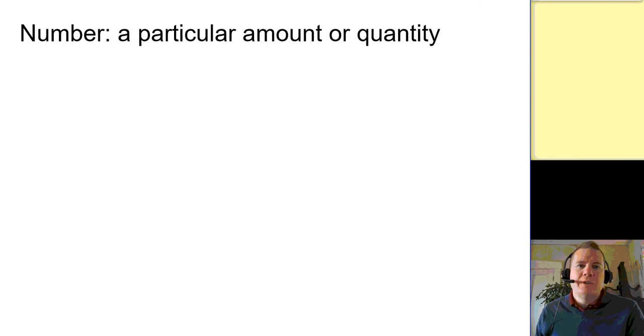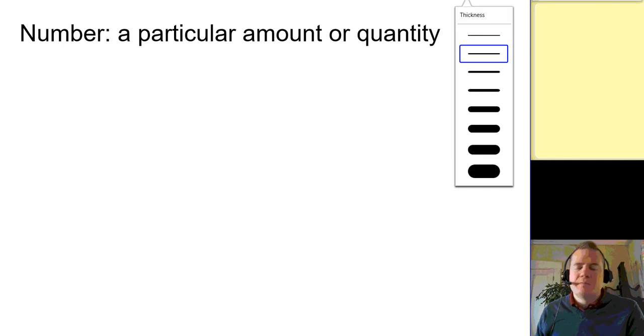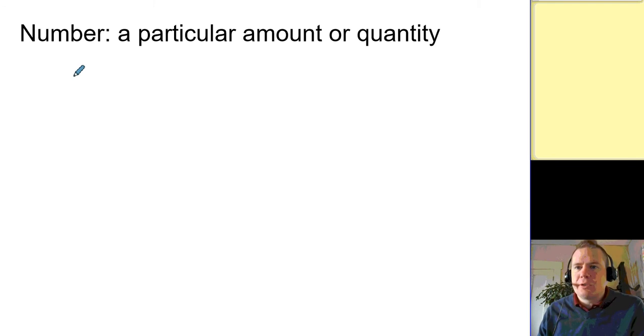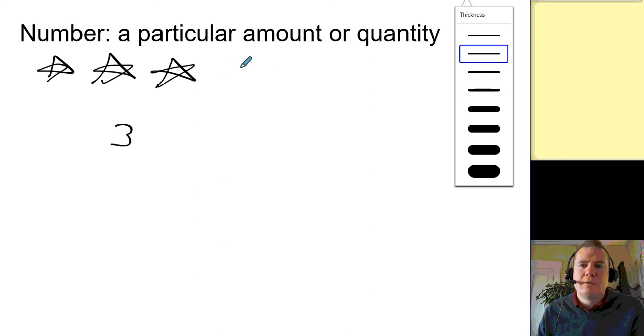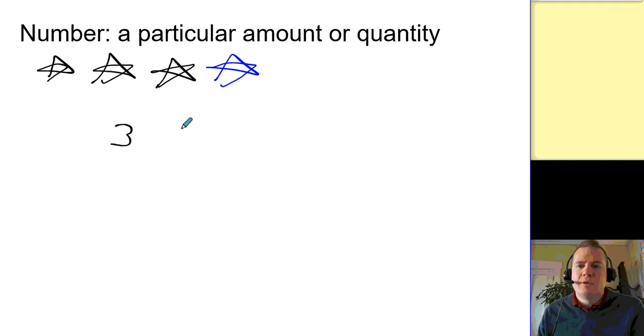When we see some number of objects, let's say 3 stars, we can call that 3. And if we get an additional star, we can say that's 1 more, and I now have 1, 2, 3, 4.